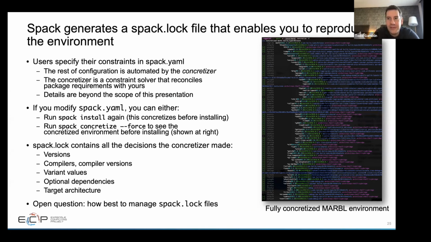Ruby is an interpreted language, JavaScript is interpreted, and so if you just have the package and the version, that's all you need to know to get that package on your machine. With HPC, you need the full configuration of the thing, and the configuration is different on different machines. And so we can generate the lock files for that. The question is just how to manage them, because we will probably have several different canonical builds for the project that we need to deal with. And so maybe we can come up with a naming scheme or something that developers can set for that.